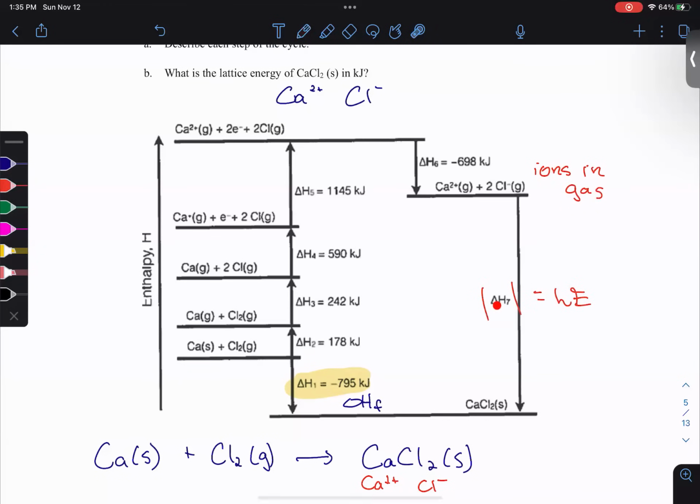The absolute value of this very last step, this very exothermic process, is lattice energy. That's the energy we get back when we bring these ions together in their gas phase. Although lattice energy is an endothermic value, it's actually the reverse of this reaction, but in Hess's law we utilize the reverse reaction, and that's why this is exothermic.